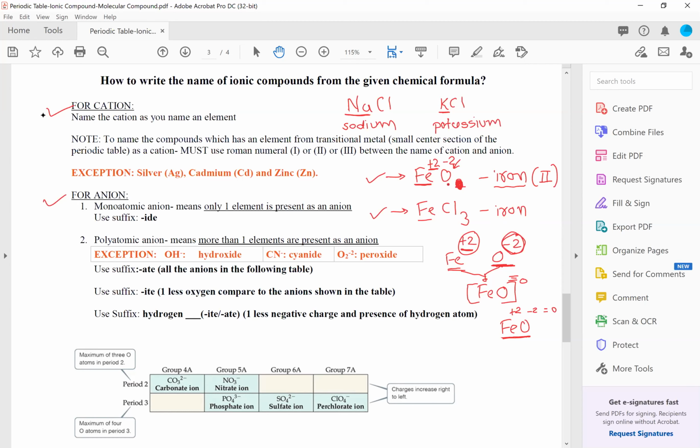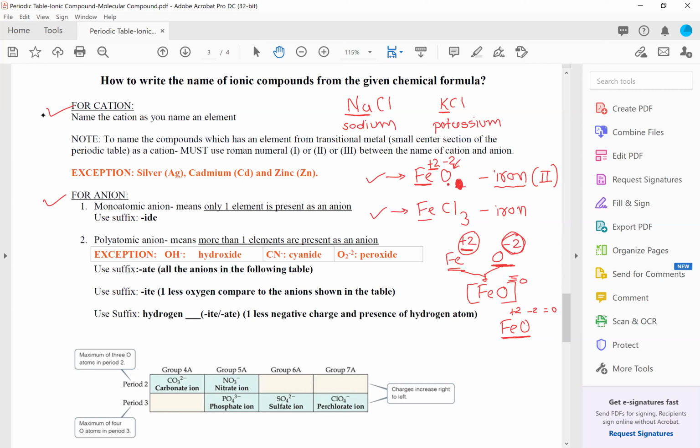The Roman numeral represents what charge iron is carrying in that particular formula. So the way we should name the cation would be iron in parentheses Roman numeral 2. Do you follow this?